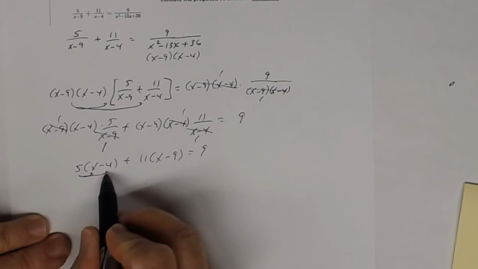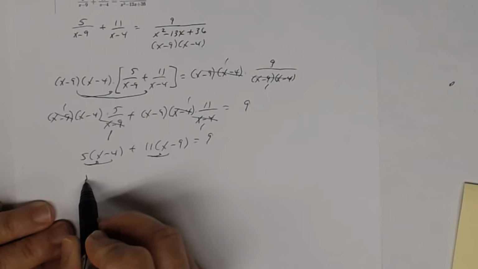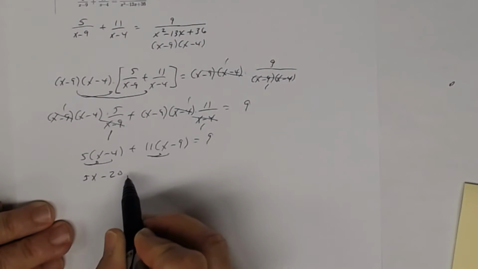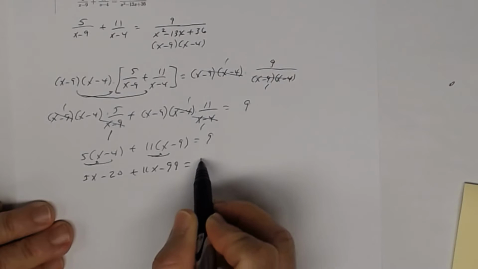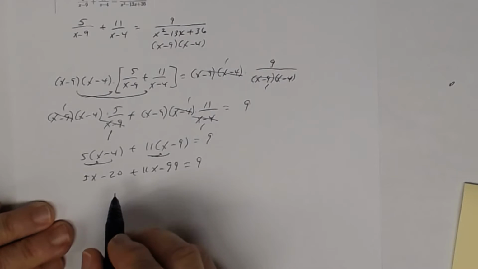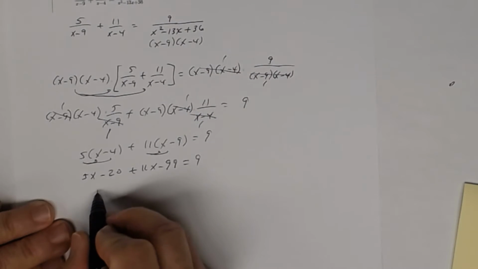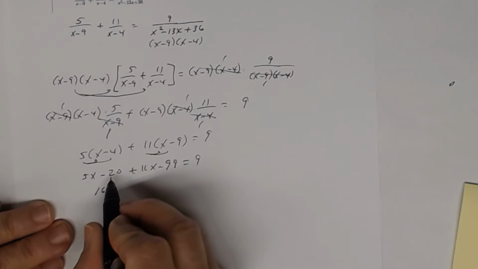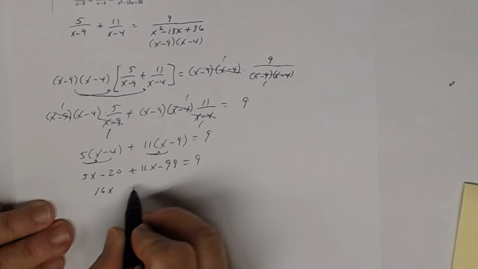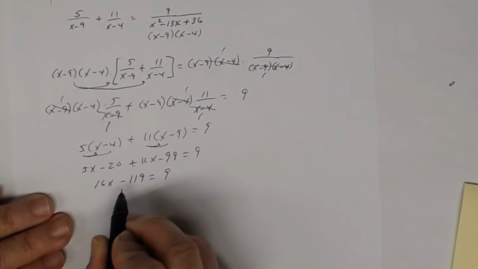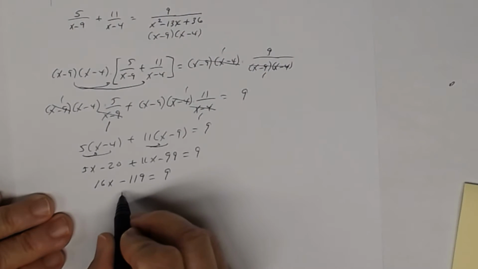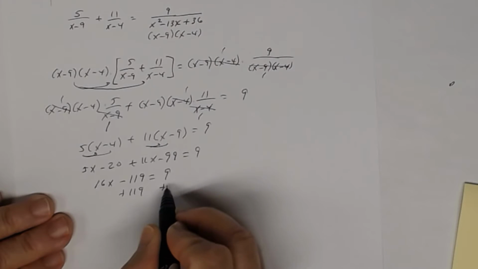So distributing, getting rid of the parentheses, I'm going to get 5x minus 20 plus 11x minus 99 equal 9. Combining like terms, I get 5x and 11x is 16x. A negative 20 and a negative 99 is a negative 119 equals 9. So I'm solving this linear equation. I'm going to go ahead and add 119 to both sides.